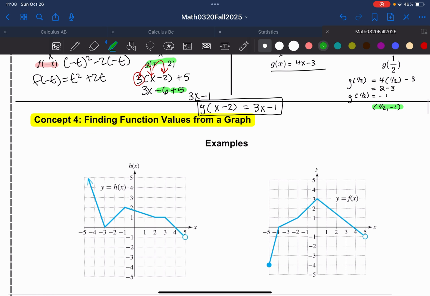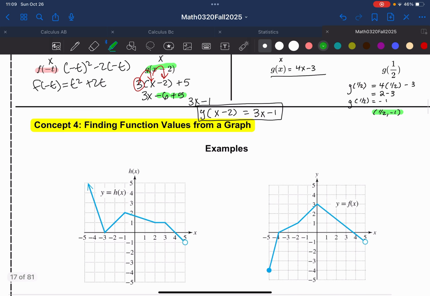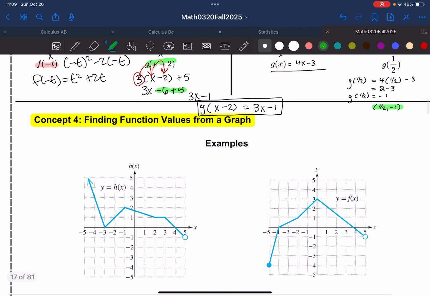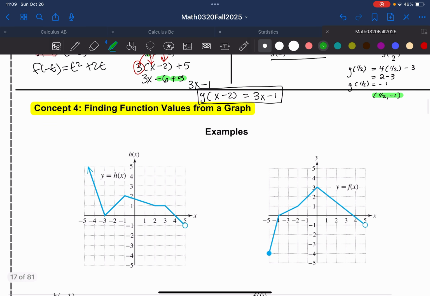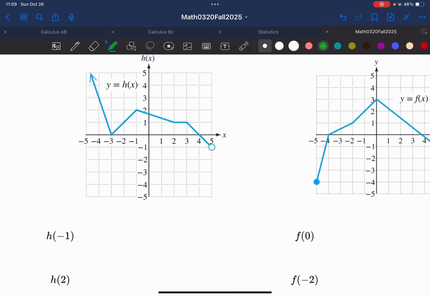Okay. Next concept is finding function values from a graph. So here I'm looking at graph h of x, and I'm plugging in these x values into the graph to try to find the corresponding y value.